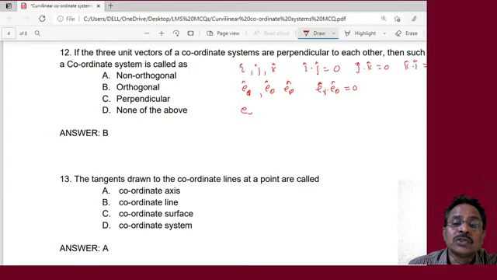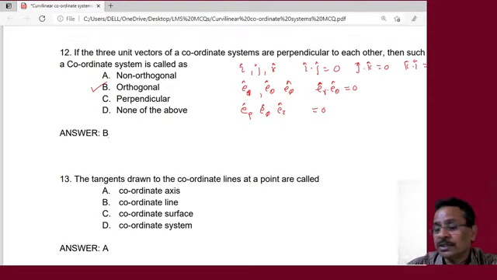Here also we have e rho cap, e phi cap and e z cap, and the product of any two of these is equal to 0. All such systems are called orthogonal coordinate systems, and therefore if the three unit vectors of a coordinate system are perpendicular to each other, then such a coordinate system is called an orthogonal coordinate system. Hence B is the correct option for this question number 12.